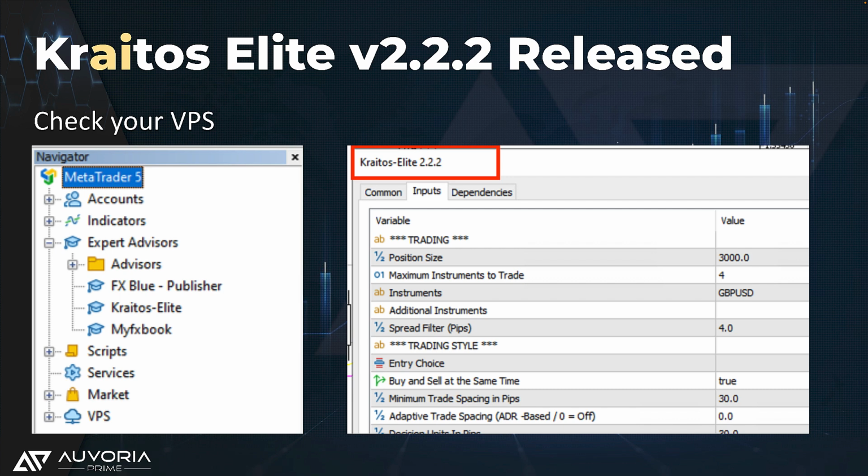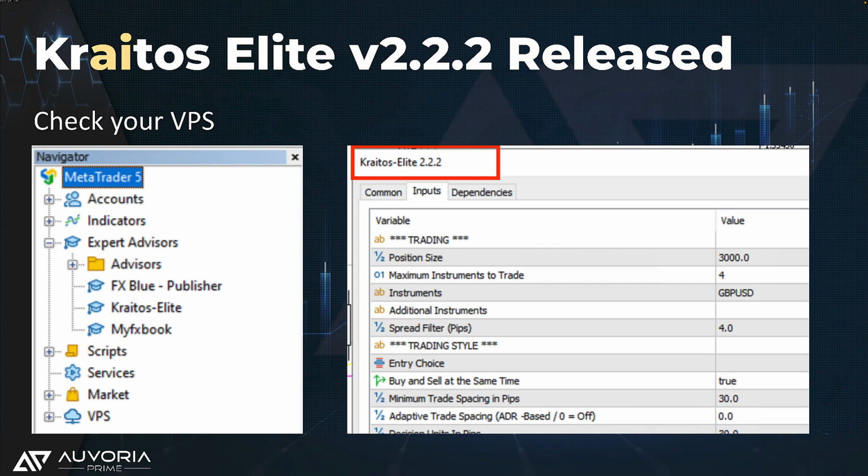Now, if you go to your VPS, you'll be able to check your navigator window, as you see on the left-hand side of this screen, and you'll see Kraitos Elite. If you drag that to your chart, you will now see Kraitos Elite 2.2.2. If you do not see 2.2.2, and instead you see 2.2.1, what you'll want to do is reboot your VPS.